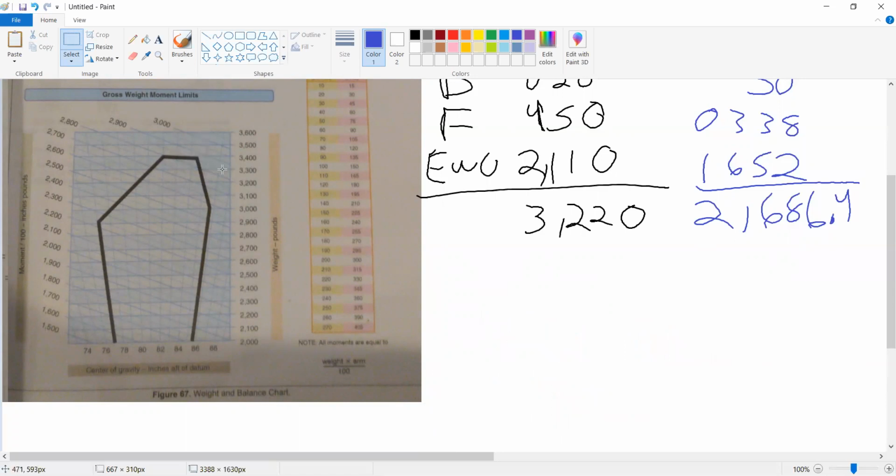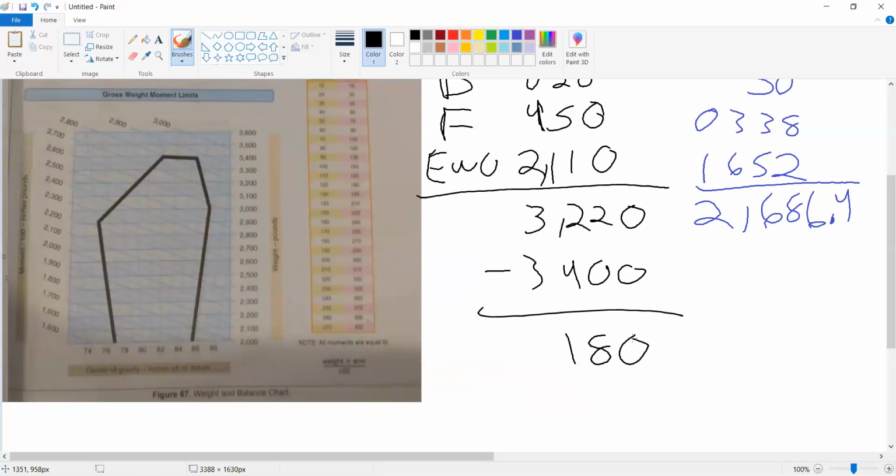So 3,400 is the top number. So all we have to do is subtract that from this 3,400, right? And the absolute value of that is going to be 180. All right, so that's the first thing.